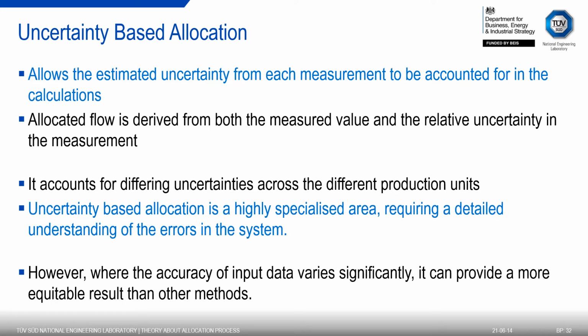Okay, so this will give an incentive to each unit to reduce as much as possible the uncertainty that they have in order to have a compensation or an allocation, which is a reallocation, which is as small as possible against what they are claiming in terms of production.